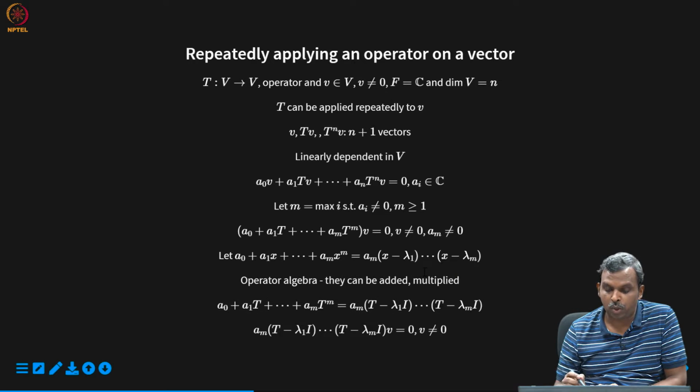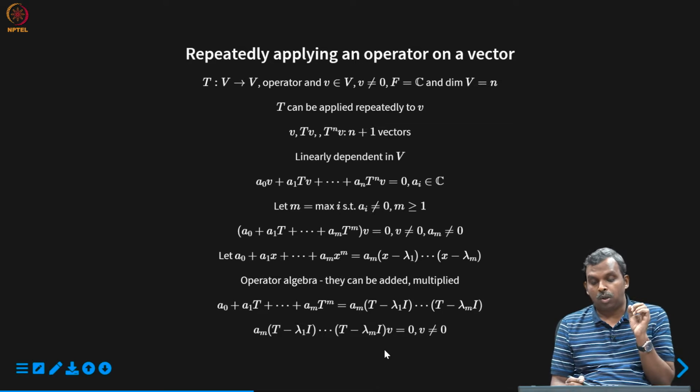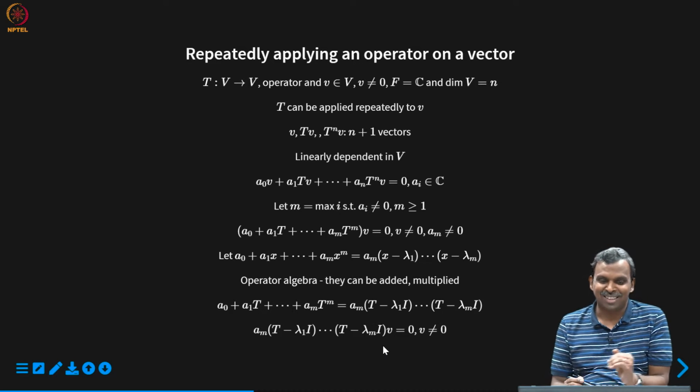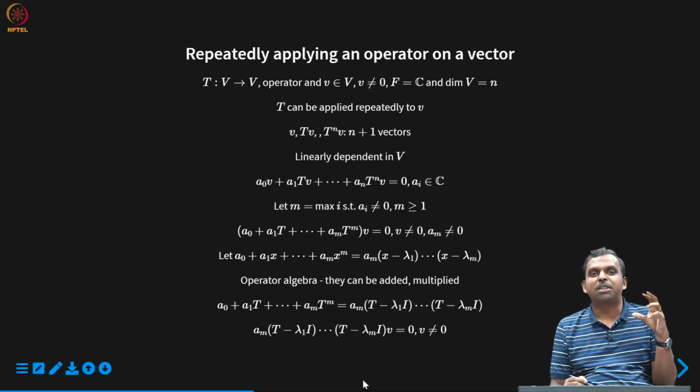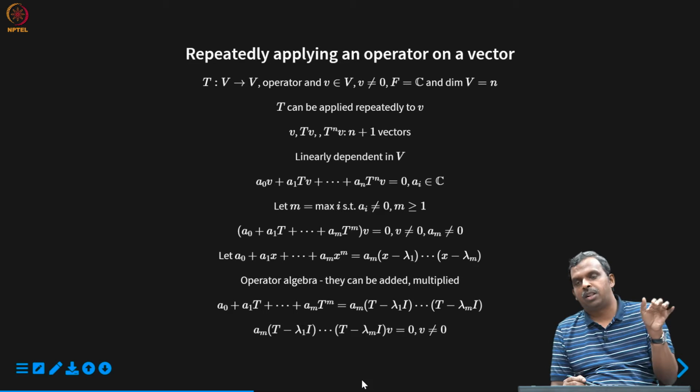Okay, so what do I have here? This polynomial equation, where some polynomial in T applied to v is equal to 0, now factors into am, which is non-zero, times a bunch of linear factors t minus lambda 1 I, up to t minus lambda m I, times v equals 0, and v is non-zero. So think about all we have accomplished. We have done a lot of steps in these slides. You started with an operator, picked up a non-zero vector, and looked at all the repeated applications of this operator on that vector.